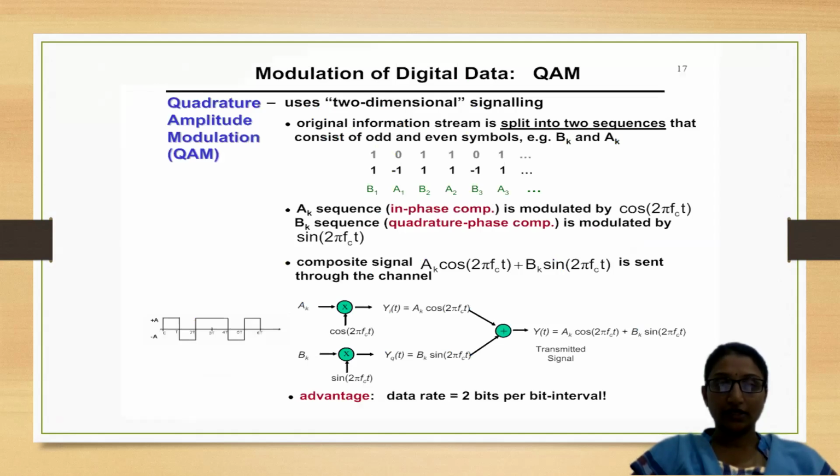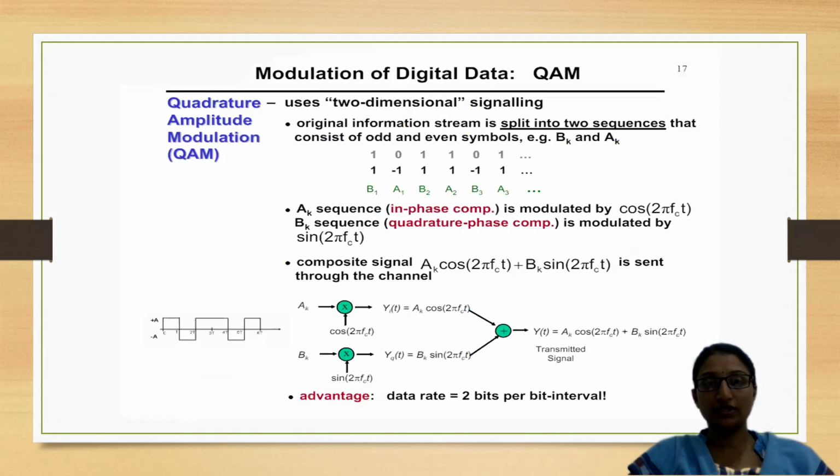Coming to the special technique in digital modulation, which is QAM, that is, quadrature amplitude modulation. Basically, QAM uses two-dimensional signaling.